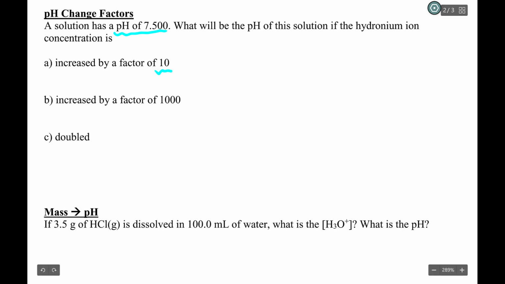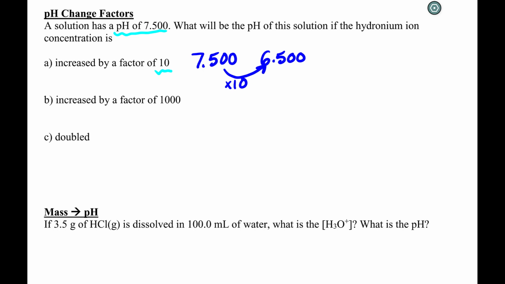So if I'm starting with 7.500 and I change the amount of hydronium by a factor of 10 and make it more acidic, that changes the pH by one value to 6.500. This would be 10 times more concentrated acid.